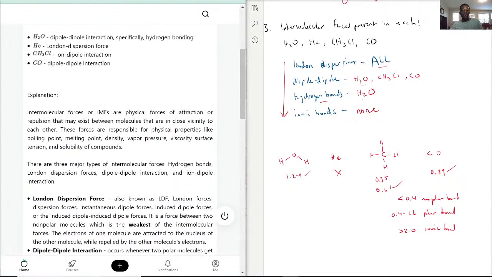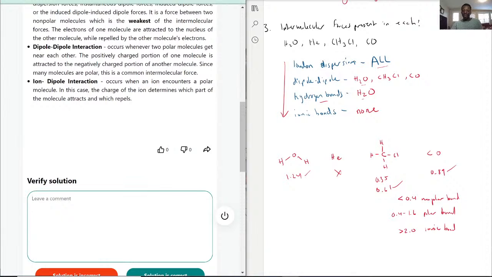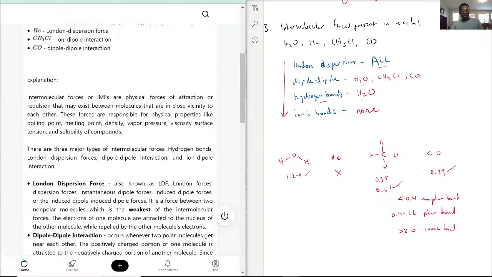So I'm going to say this is partially correct, but CH3Cl is just going to be dipole-dipole. Okay?